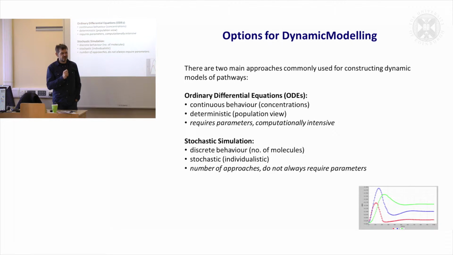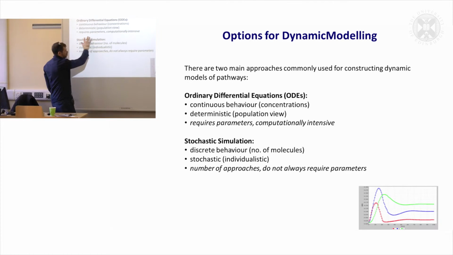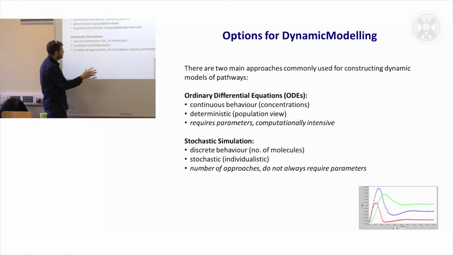Now, we know that in biology, we do the same thing to a bunch of cells, and we don't always get the same answer. Looking at the cellular level, each cell responds slightly differently to a perturbation that we might make. So this idea that everything is a fixed answer isn't quite what we want, and it also requires parameters and is computationally intensive.